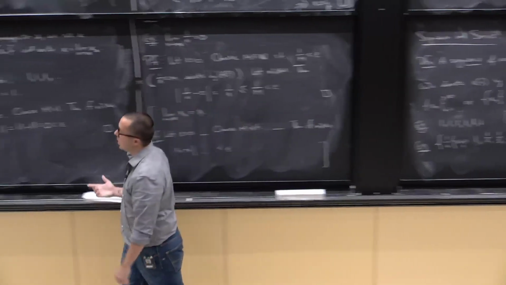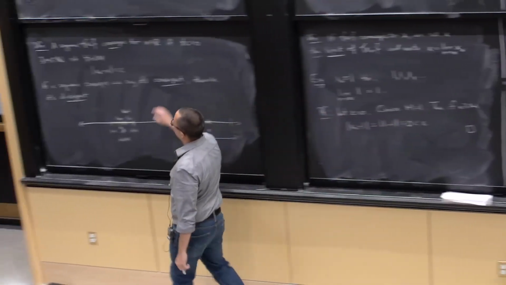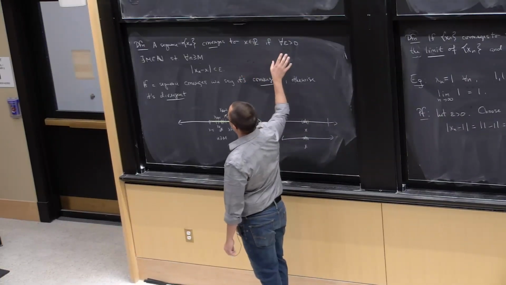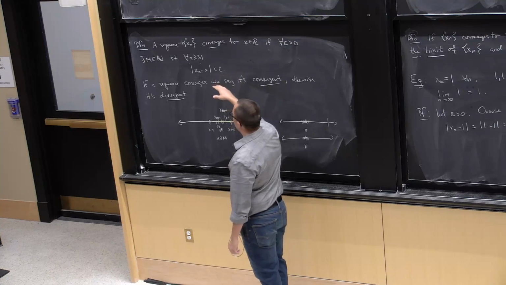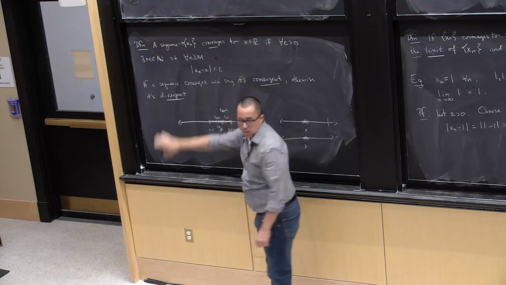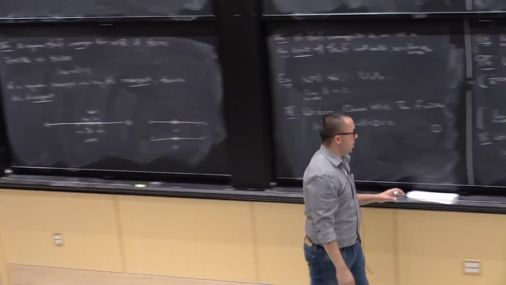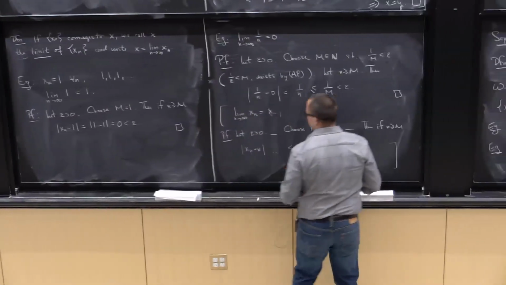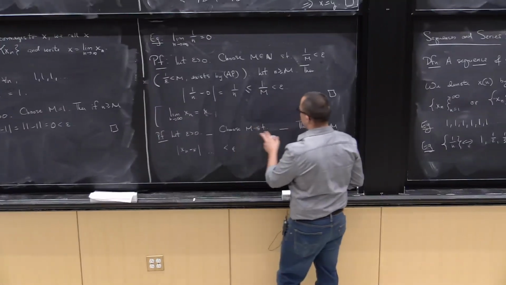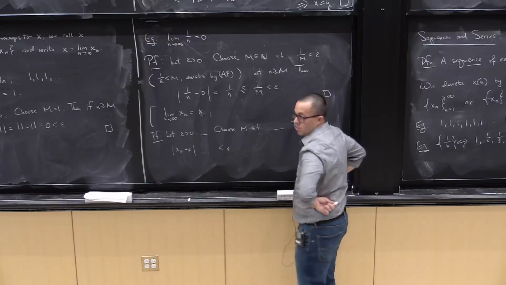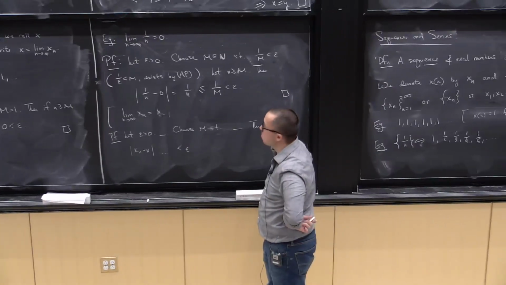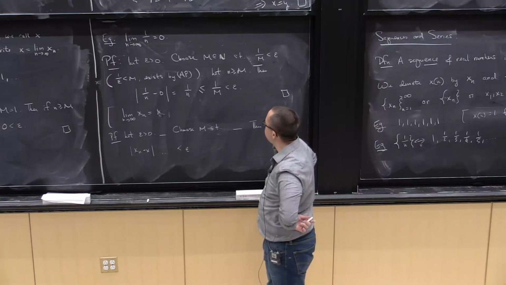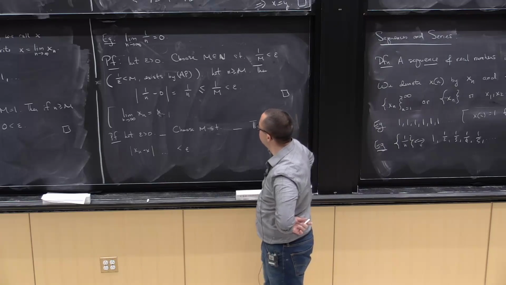You're wanting, in the end, to verify this definition, which says for every epsilon, you can find a capital M so that I get this, all right? So in a proof, you are carrying that out. You're saying, for epsilon positive, I choose M so that this happens, okay?